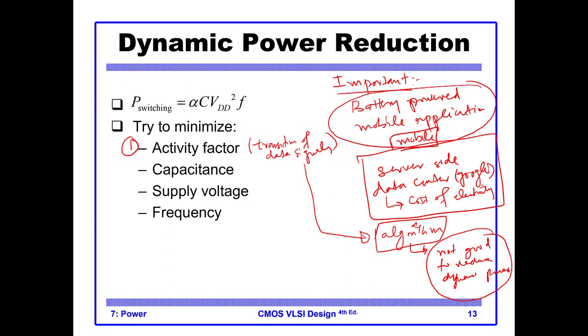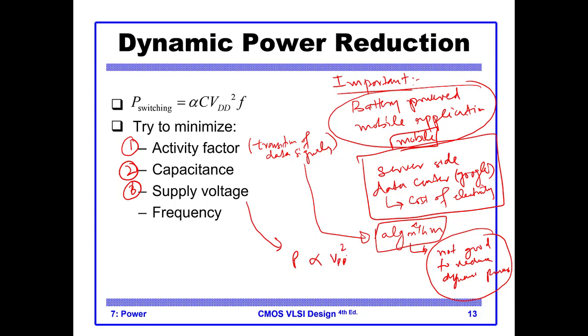Then the capacitances are again something that comes from the manufacturing process, from all the layouts and all these things. So that can be controlled, but it is very difficult to control. Then we have the supply voltage. This is a very good candidate, because you see that the power is proportional to VDD square.